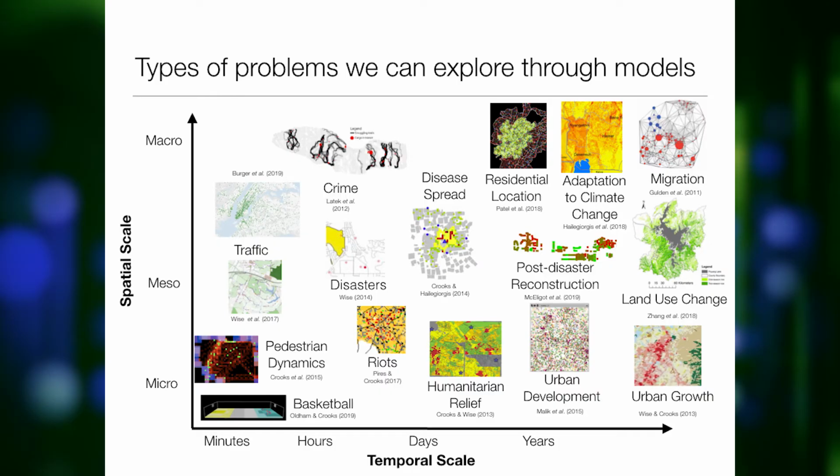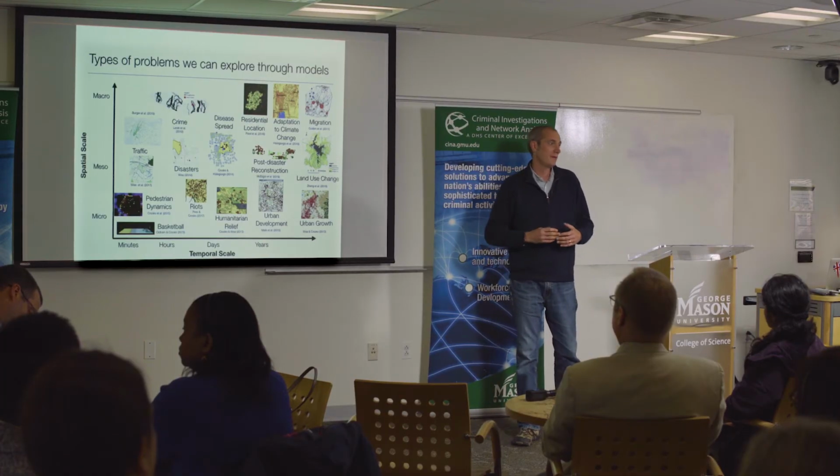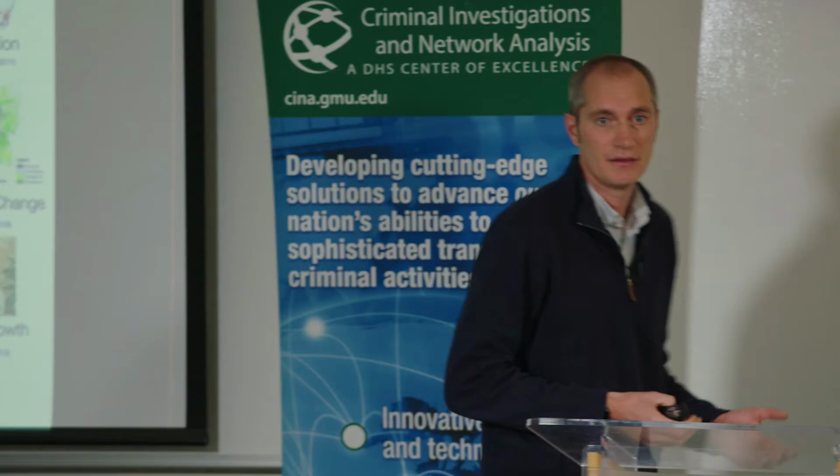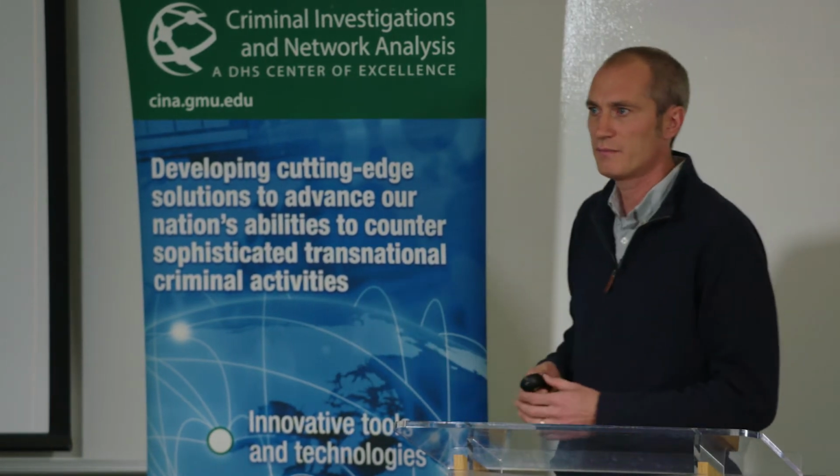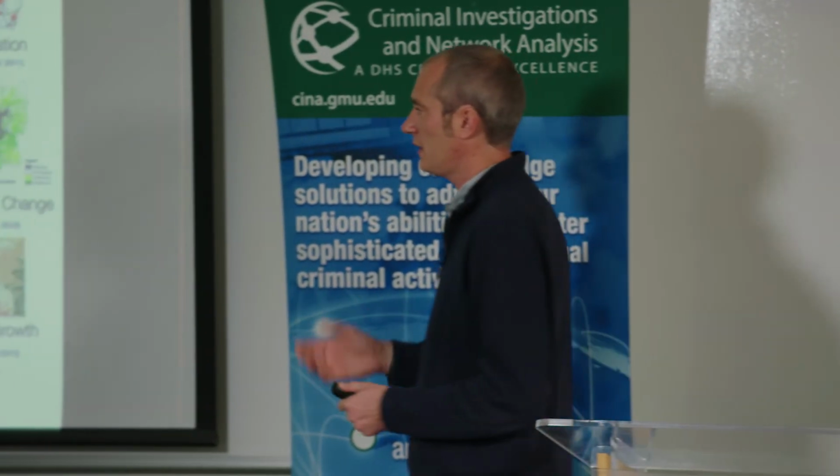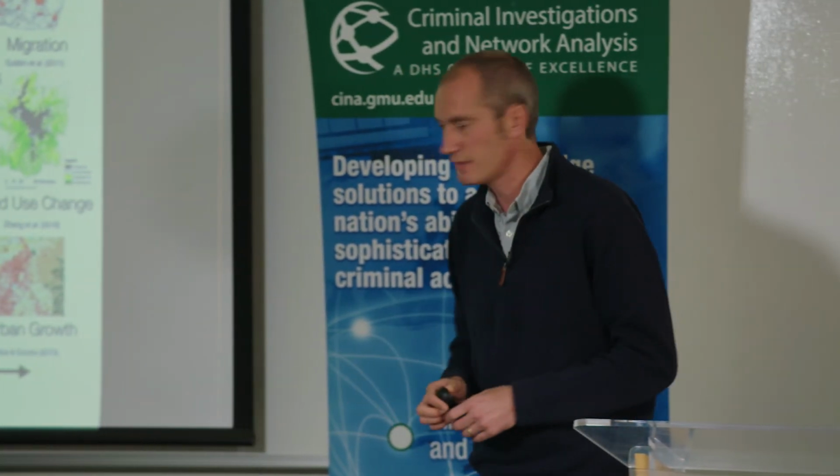Or we can build models looking at, say, migration, which operates over a larger scale. Think about the Syrian crisis at the moment. That happens over years, potentially decades, and models anything in between. So these are the types of problems we can explore using agent-based modeling.